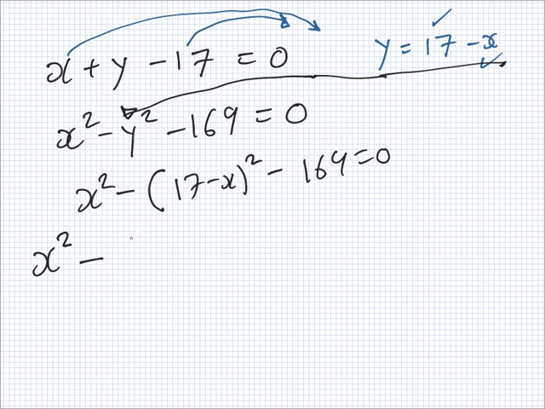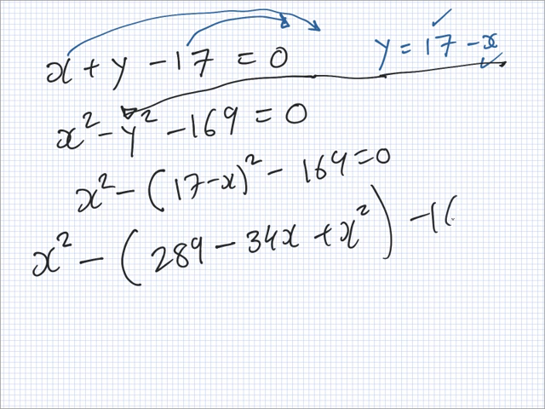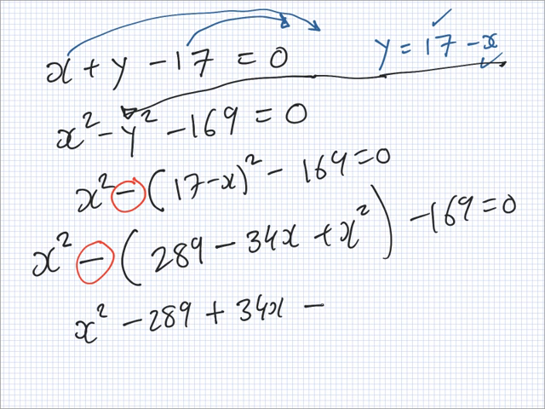So this is x squared, 289 minus 34x plus x squared minus 169. Now you might be saying, why did I not remove the brackets? The reason I left the brackets there is because I have to be careful, since I have this minus in the front, and I still have to figure out what this minus does. It'll change all the signs here. So my real answer is actually x squared minus 289 plus 34x and minus x squared minus 169 equals 0.